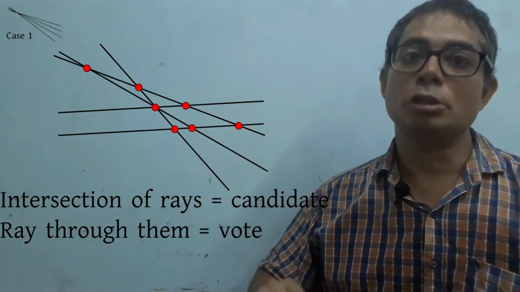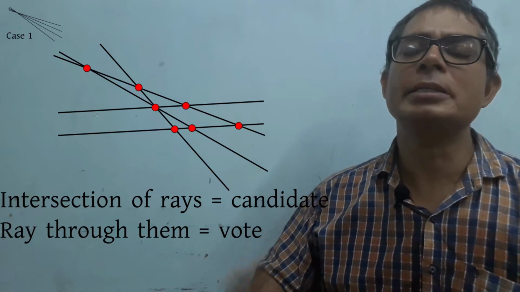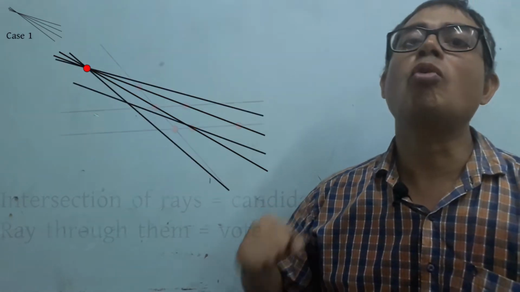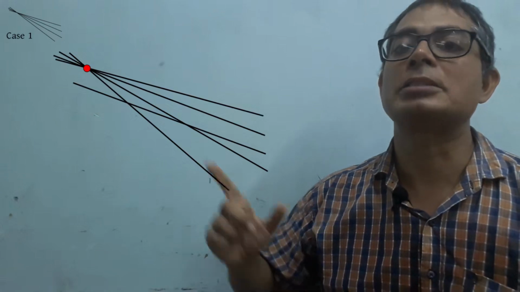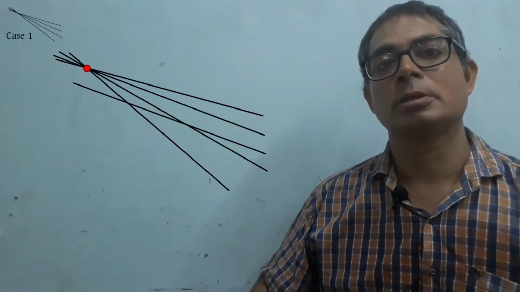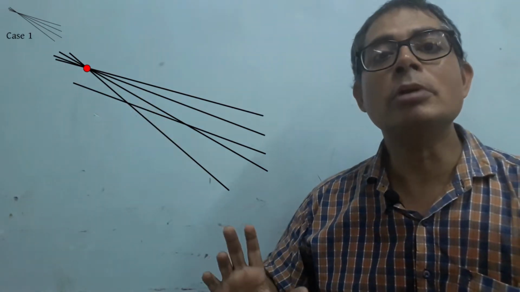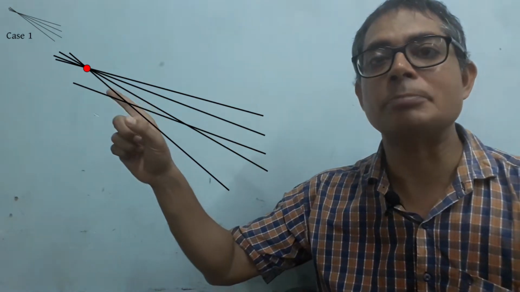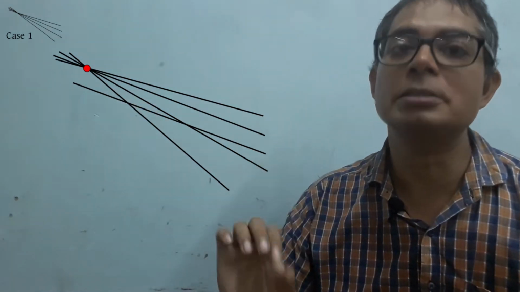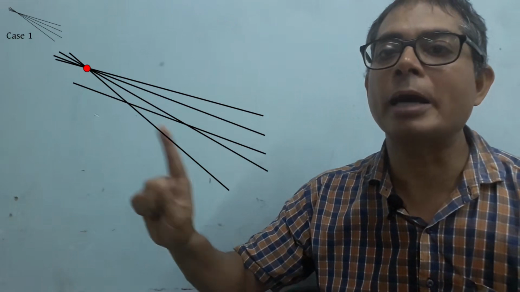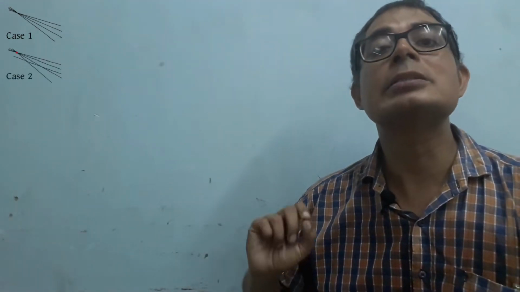The crux of the solution is that if there is one candidate with overwhelming number of rays voting for it, then the brain will pick that as the position of the virtual image, ignoring the other minor candidates like this. This is the second possibility.